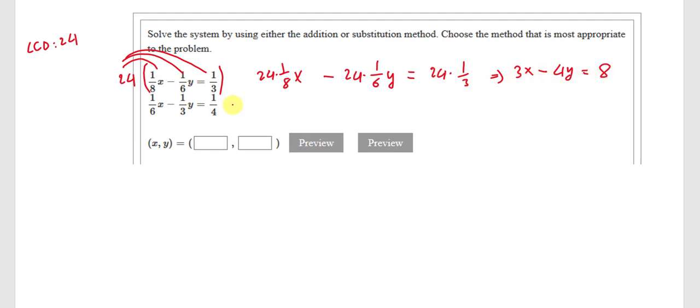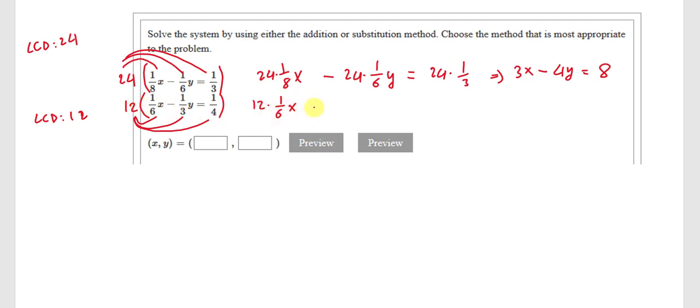Without fractions. The same thing we do to the bottom. 6, 3, and 4. The LCD should be 12, because 12 can divide by 6, by 3, and by 4 together. So we do the distribution of 12 to each of them. So 12 go to the first one, multiplication.